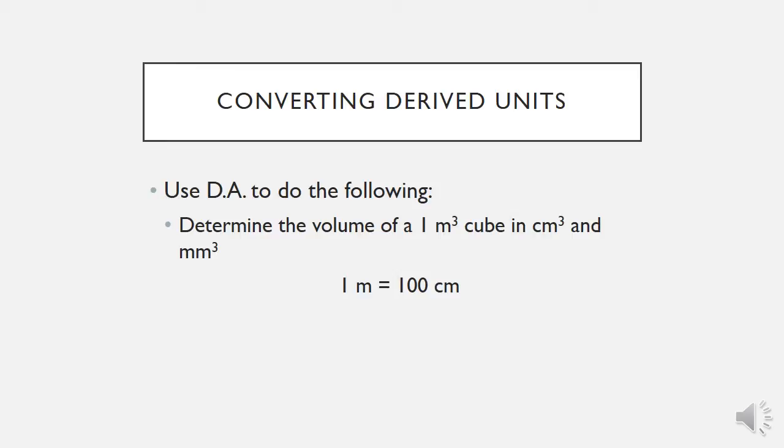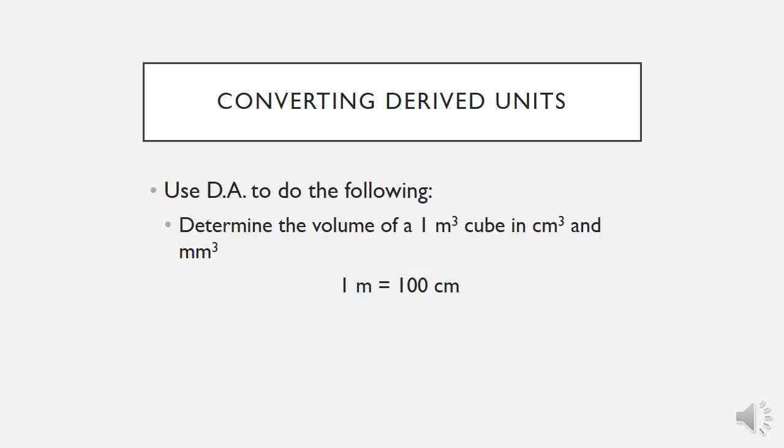So the process kind of starts the same. You need to know what is going to go in your fraction bar. So I'm going to take 1 meter cubed and turn it into centimeters cubed. I don't have a table that has those numbers on it, but I do have a table that tells me how many centimeters, how many millimeters are equal to a meter.